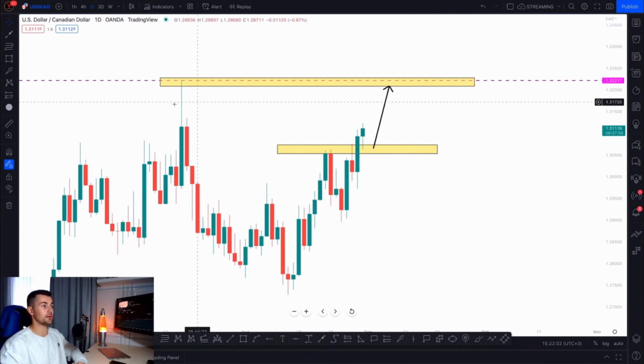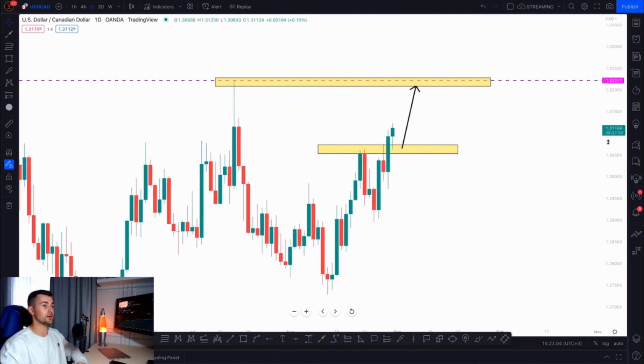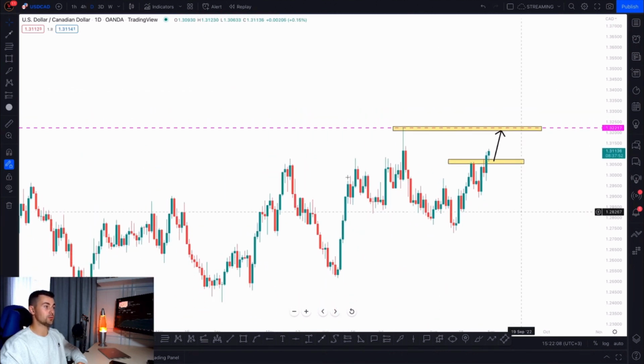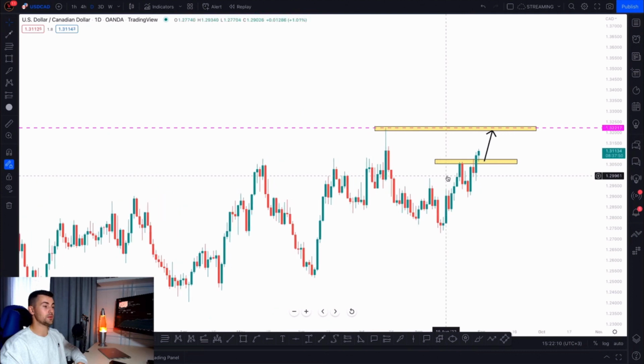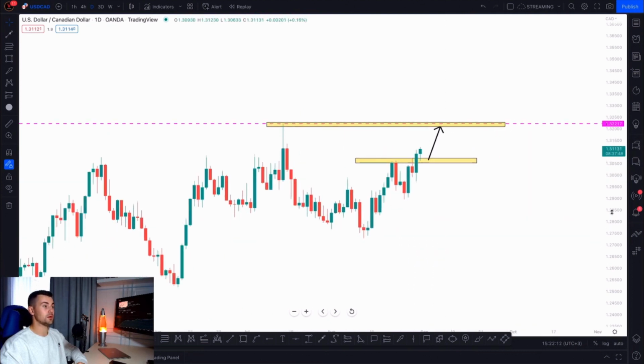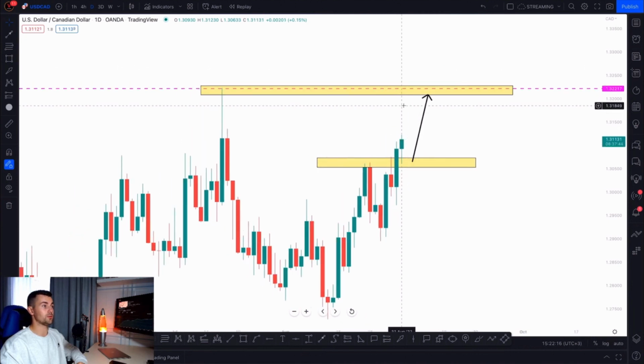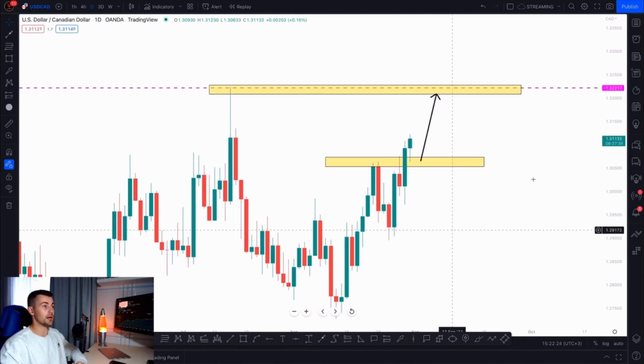We don't have key levels here on the left. We are trading more in a bullish trend. Yes, we are globally bullish here on dollar CAD. So we are waiting for a further bullish continuation right here. Yeah, let me know, traders, if you have any questions about dollar CAD pair.